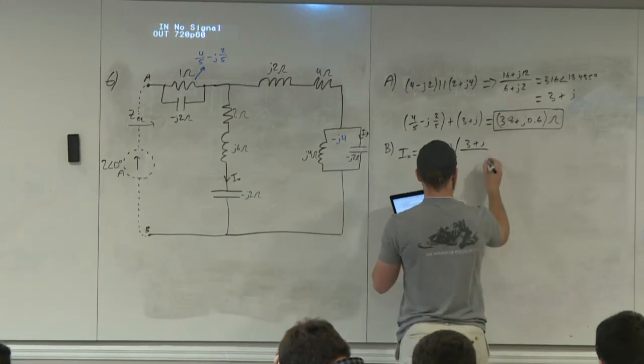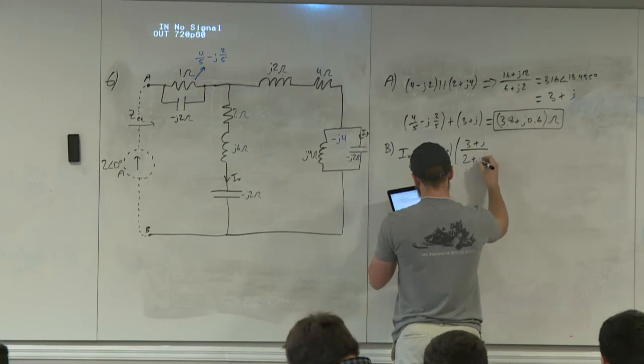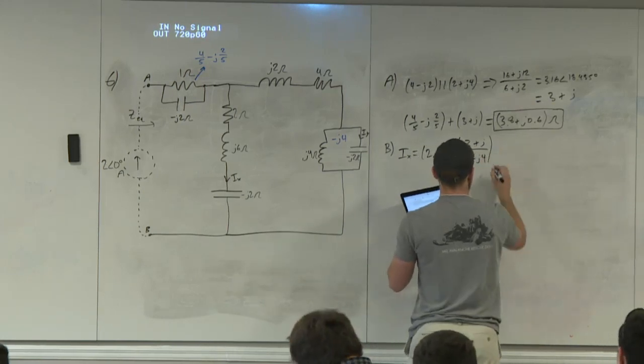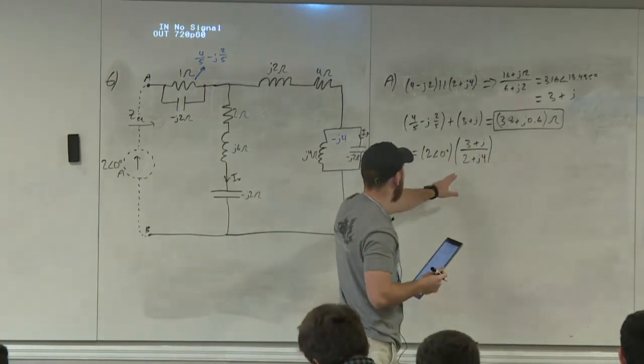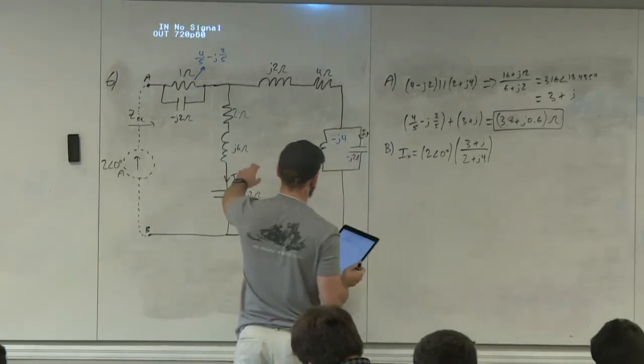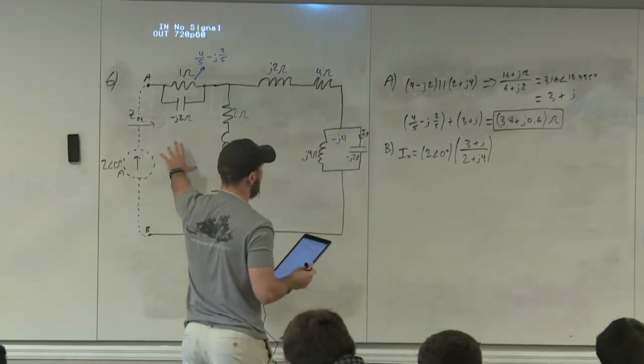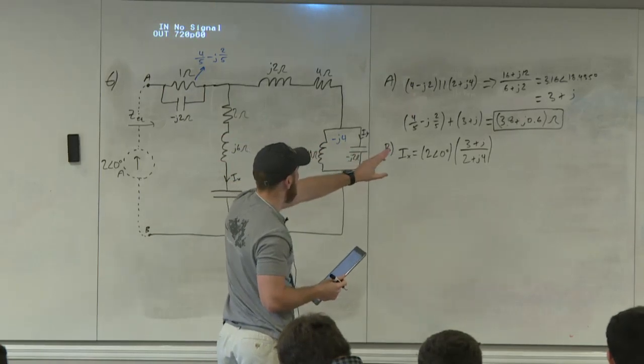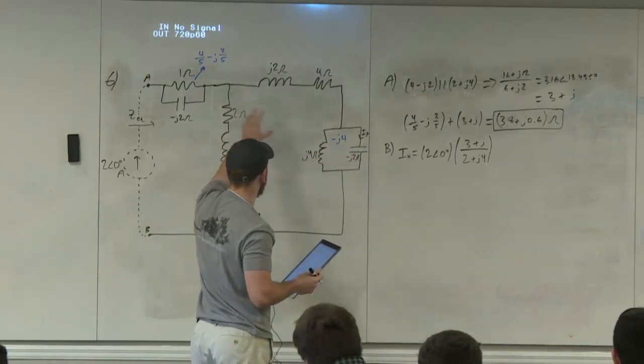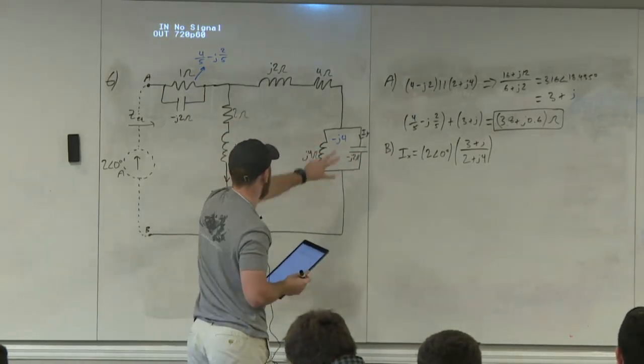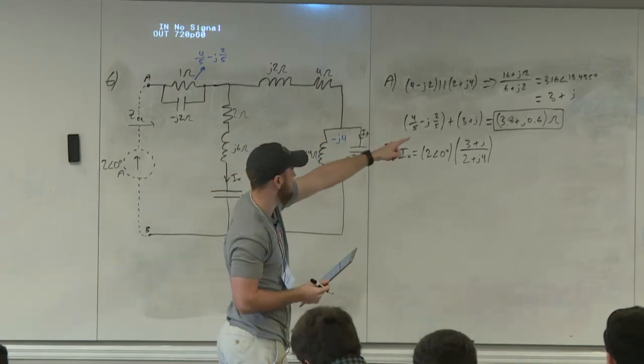We can use these. This is where separating everything comes in handy, because we don't need Z equivalent of the entire circuit. We just need the equivalent impedance for our current divider, which is just going to be this element combined, which we did up there, 3 plus j.